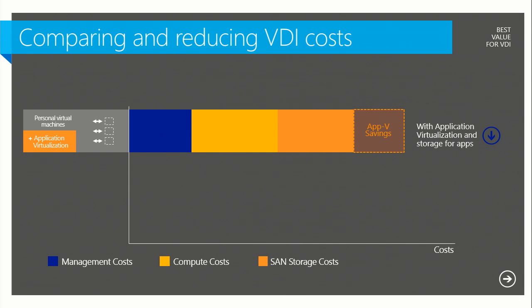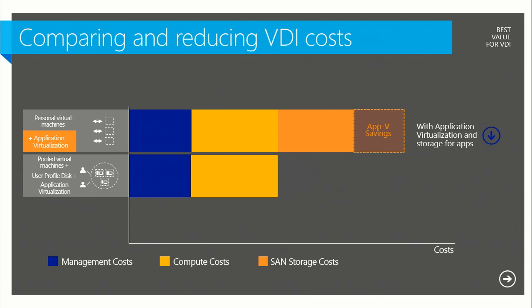How can we reduce some of that? Well, let's reduce the size of those images so that we can get some of that storage back. AppV is one way we can do that. So pooled VMs, I'm a big proponent. If you have to do VDI, go with pooled VMs because now I just have to patch one image. It takes care of propagating it for me. So my costs go down. I can still use AppV to provision all my applications.